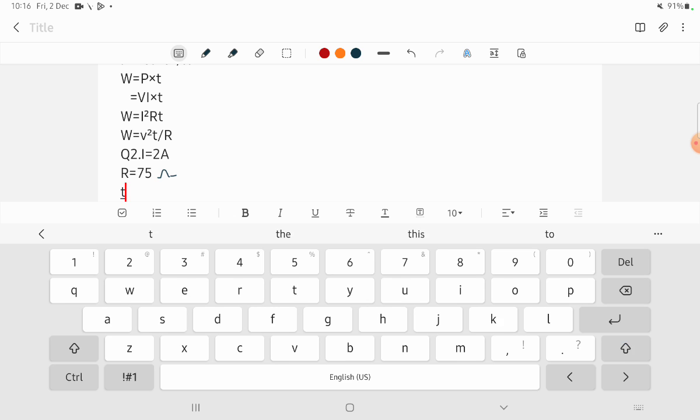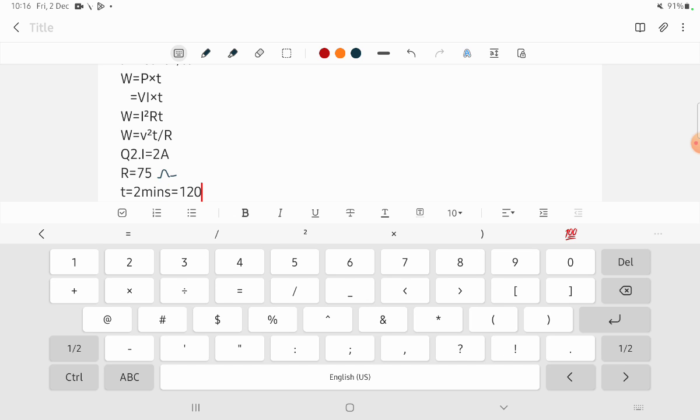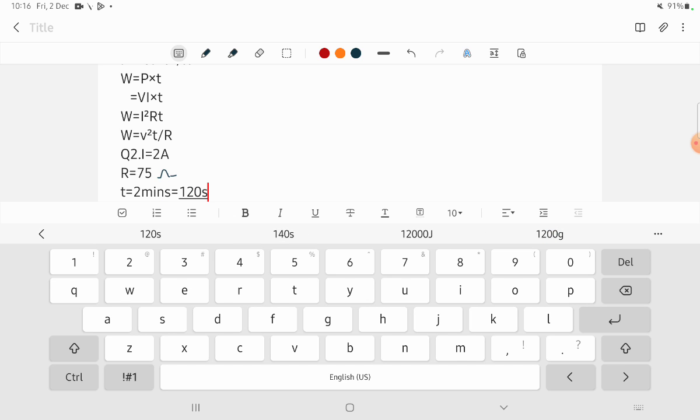We have to convert this into seconds, that is 120 second. So I given, R given, T given.